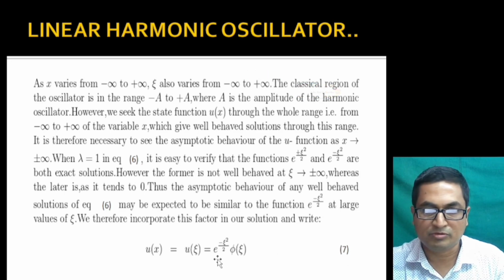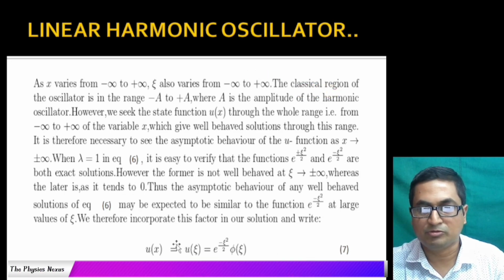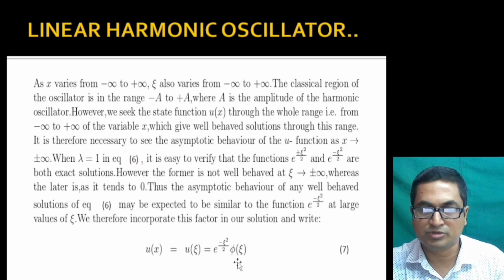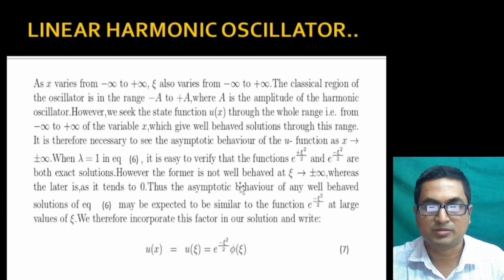This term will be there because already for lambda equal to 1 this term is present, and that's why it will definitely be a part of the wave function. But to cover everything, we have to put another factor phi as a function of xi in order to find the total wave function as given by 7.